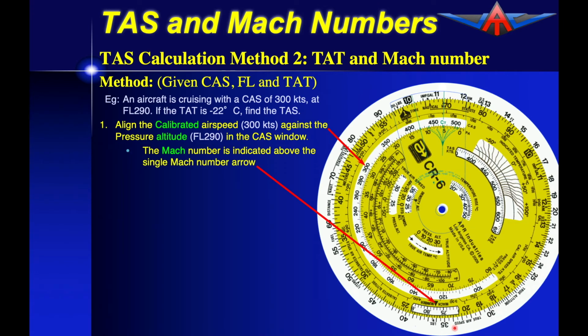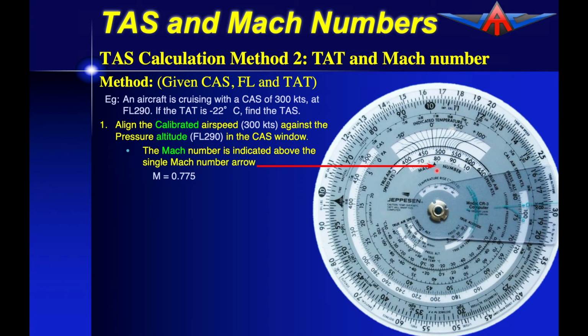We get our Mach number down here above the arrow. On the Jeppesen it would be somewhere underneath this indicated temperature window. And so we have a Mach number of 0.775. On the Jeppesen, here we have the Mach number identified, 0.775.